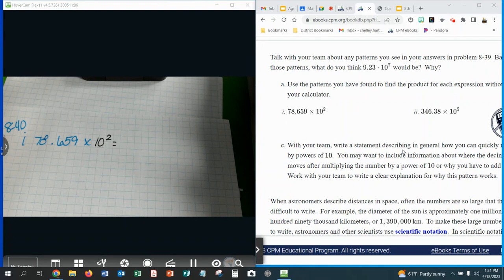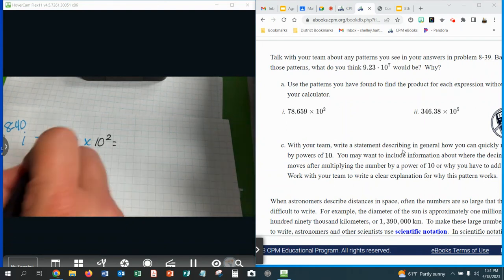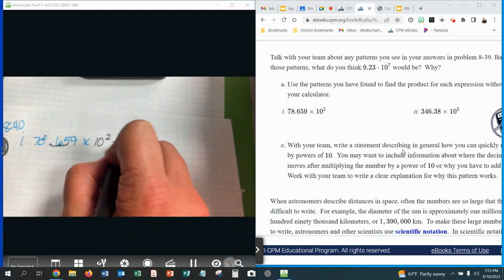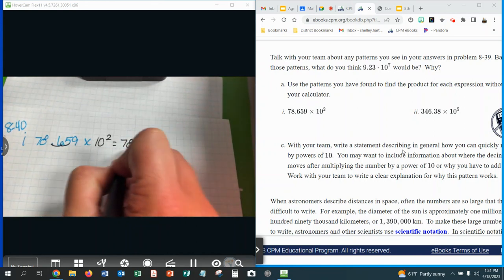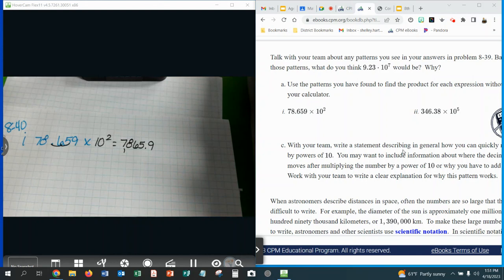Remember, we're moving the decimal over 2 places, so your answer is going to be 7,865.9.